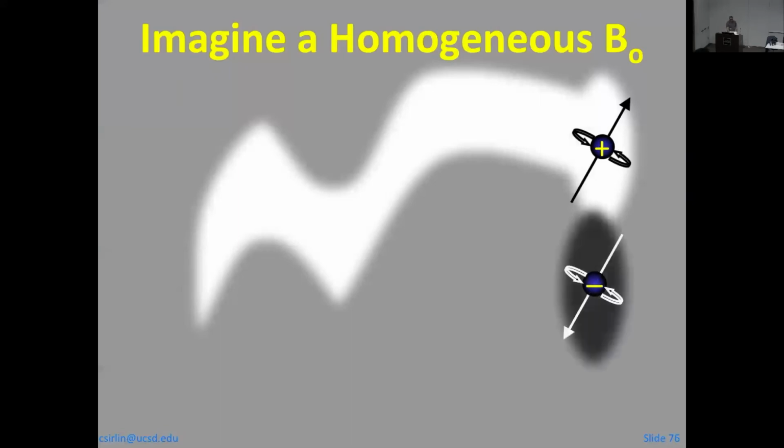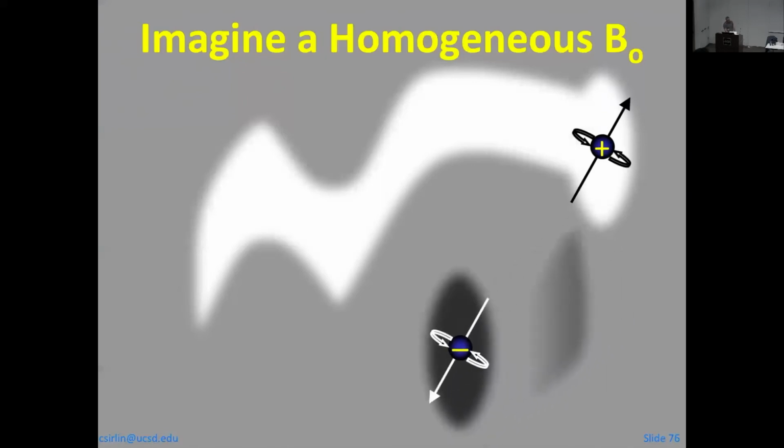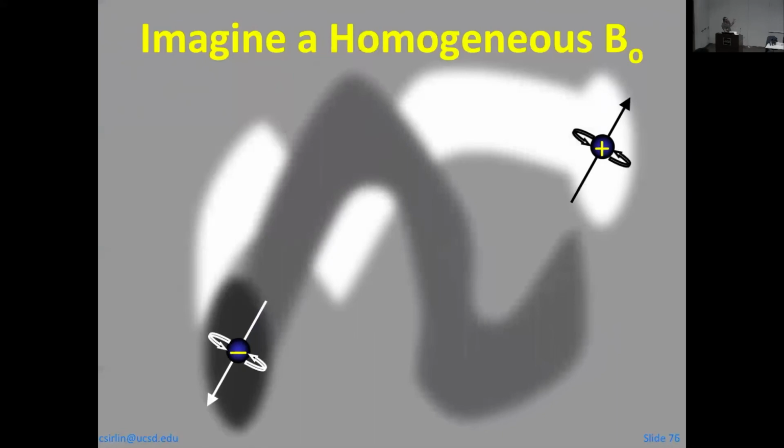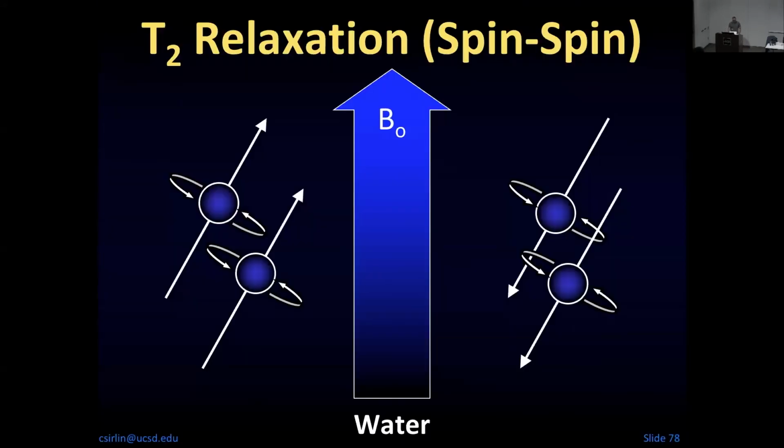What about this proton over here? Well, this proton is pointing down. It subtracts from the field, so that's why I'm putting this sort of gray cloud around it. And this proton also might move, and it moves in a random direction. And so everywhere it goes, it subtracts from the magnetic field. So this beautiful magnetic field that was once upon a time so homogeneous is now heterogeneous, not so homogeneous. Because it's not so homogeneous, depending on where protons are, they're going to be precessing at different rates.